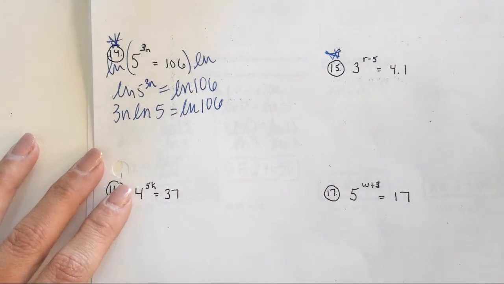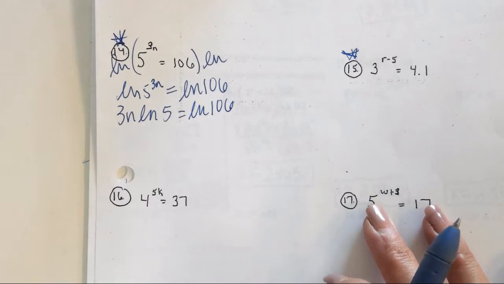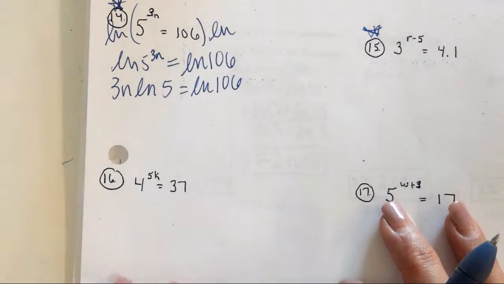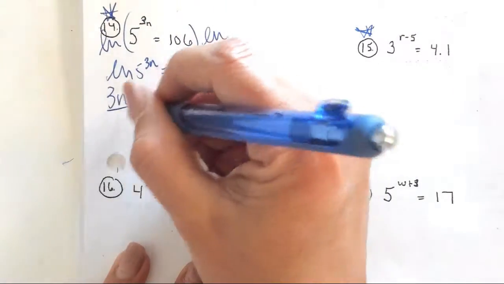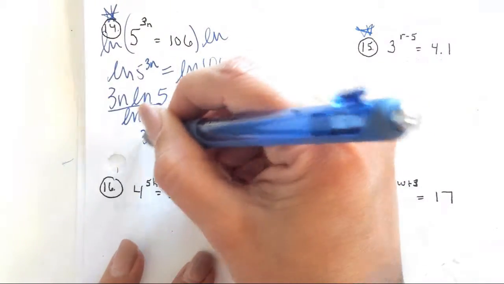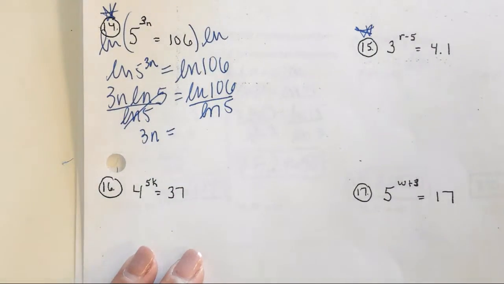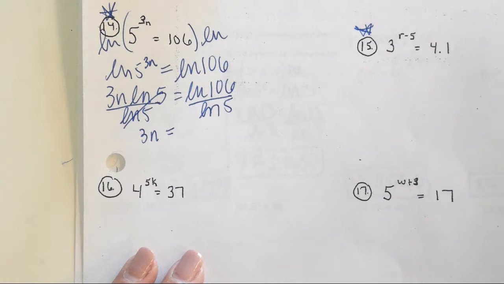Alright, what am I trying to solve for? N. What should I move first? Very good. ln 5. So I have 3n equals. Now go ahead and find this value, ln 106 divided by ln 5.